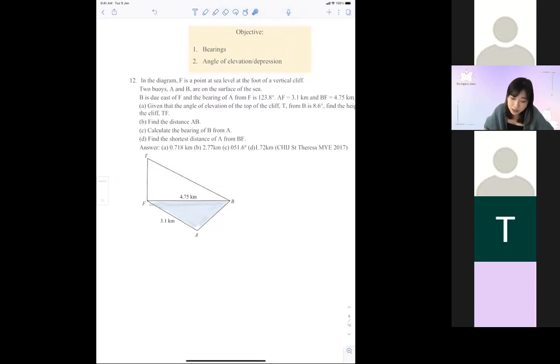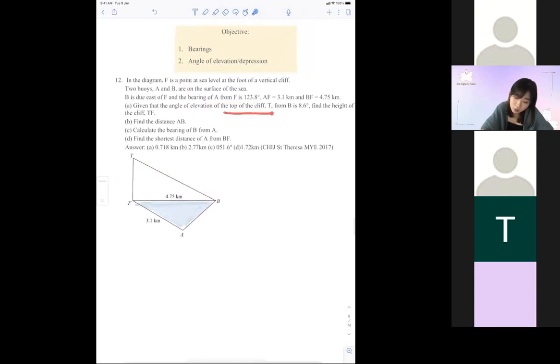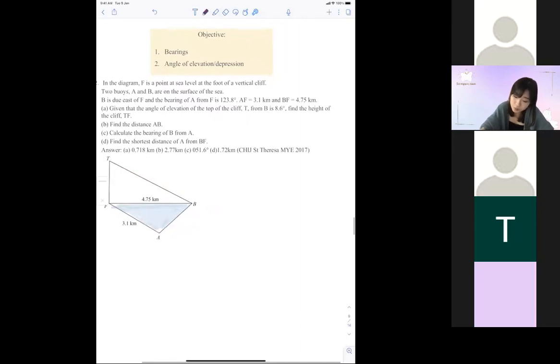So now they say that B is due east of F. And the bearing of A from F is 123.8. T is the top of the cliff. This one they forgot to give you the north point, so just treat it as on top.